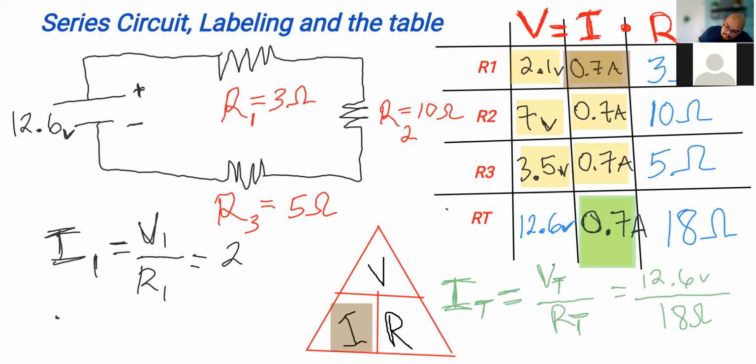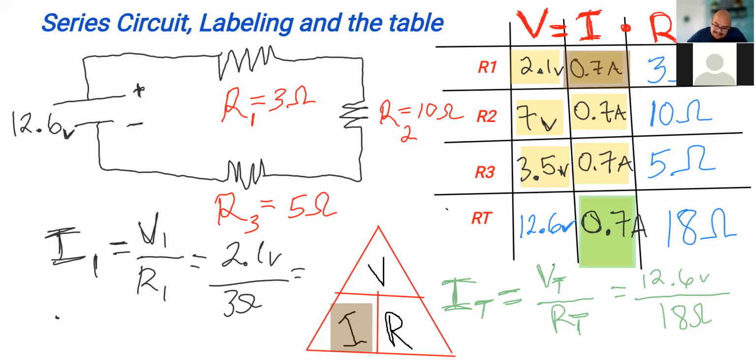That's 2.1 volts over 3 ohms. Now, if we divide 2.1 by 3, that needs to give us what's in that box, 0.7, and it does. So this is how we check our work, that everything is correct, and we were able to find the unknown value of current using the table, using Ohm's law.